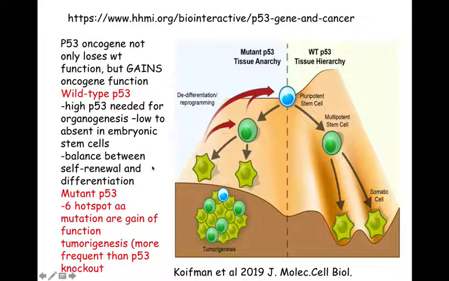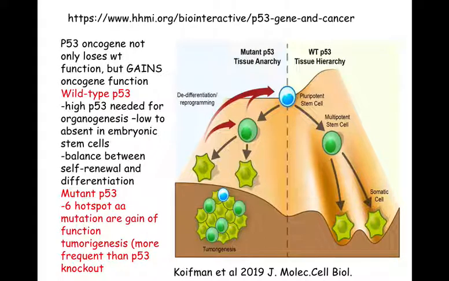There's a balance between self-renewal and differentiation. Once the cells become differentiated, then p53 becomes really low concentration again. As we said in the last slide, it's normally low concentration. But while cells are differentiating, you need a relatively high concentration of p53, and that's part of its normal function.